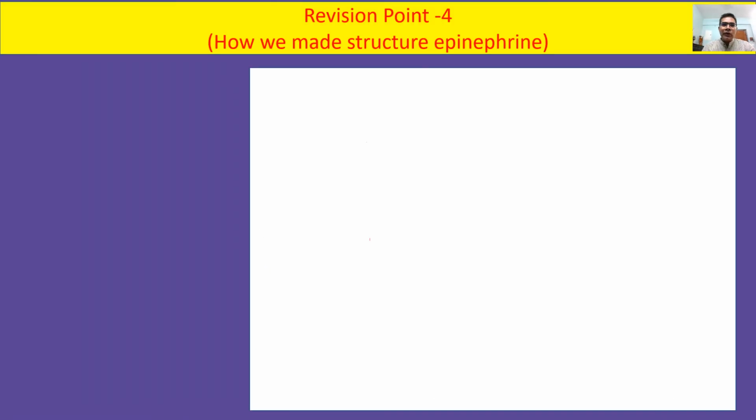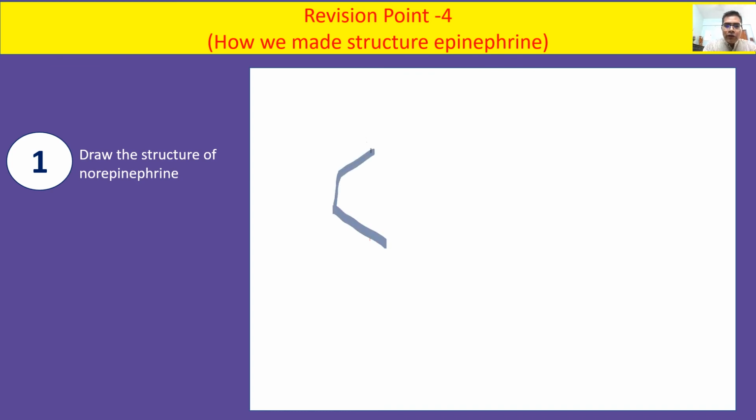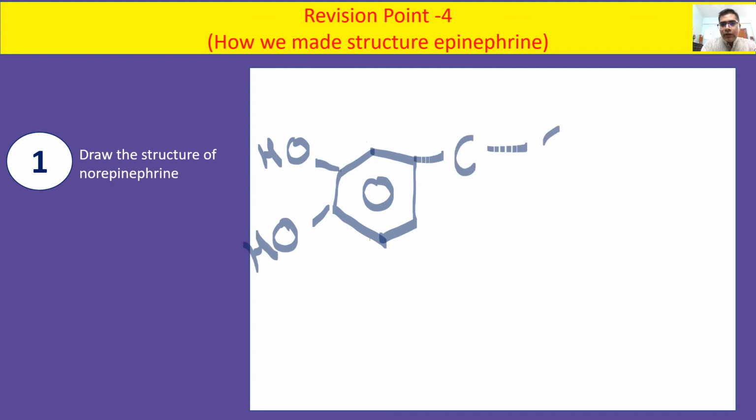So we come to revision point 4 of our video, how we made the structure of epinephrine. Very easy. We first make the structure of norepinephrine. How are we going to do that? Make catechol, then the amine part, and draw the structure of norepinephrine.